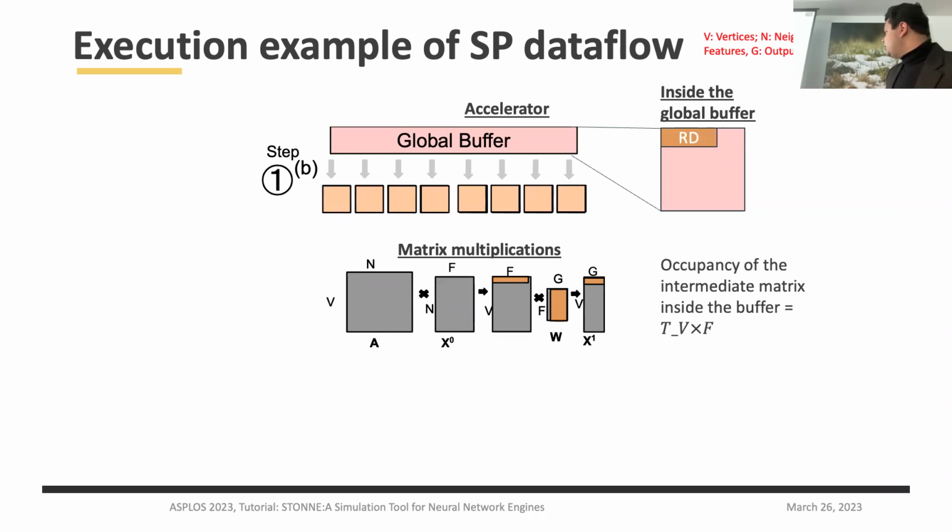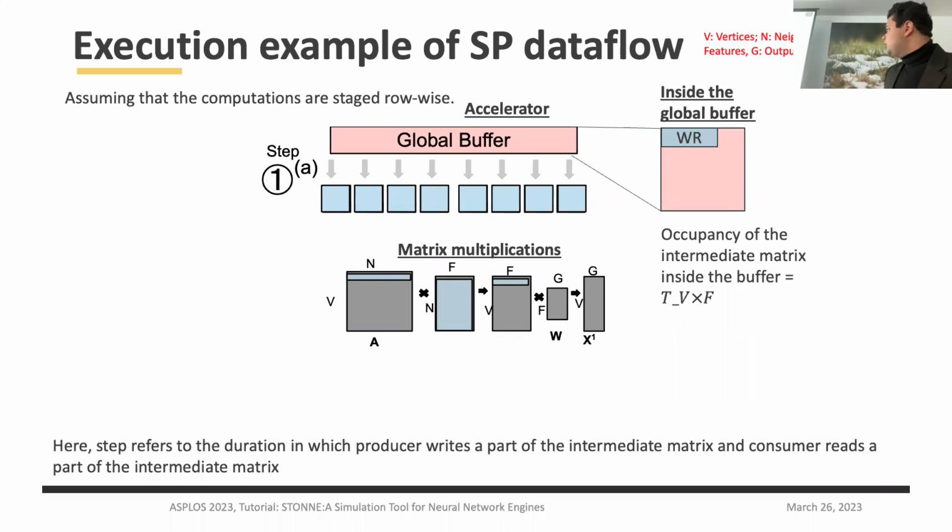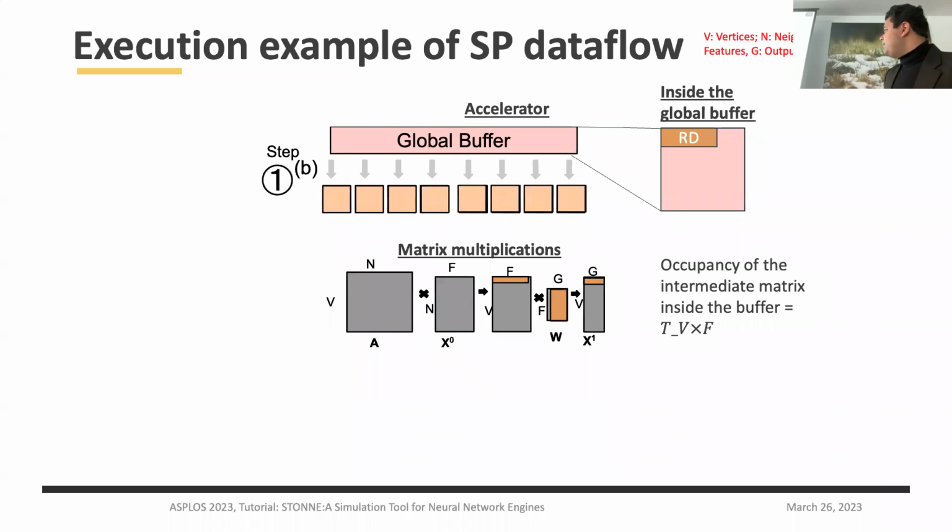So as you notice, the PEs currently are doing aggregation. Now within the same PEs, we can stream the weights onto those PEs, and we can start doing the combination phase without doing the rest of the aggregation. So we use the intermediate matrix that we computed previously and do combination on that.